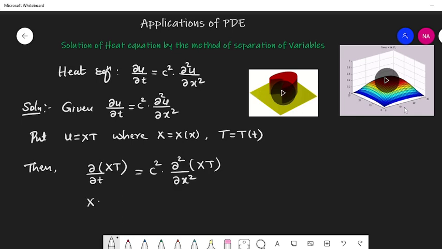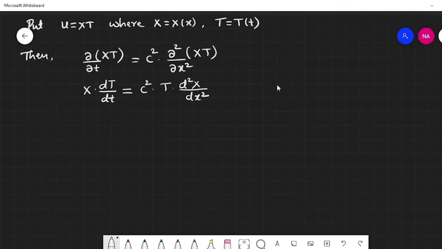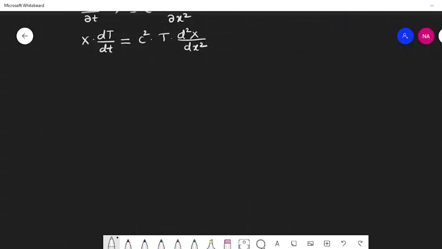So constant into derivative of capital T with respect to small t. But small t is the only independent variable, so instead of dou, you can write d. So d capital T by d small t equal to c square into the same procedure here, T into d square capital X by d small x square.